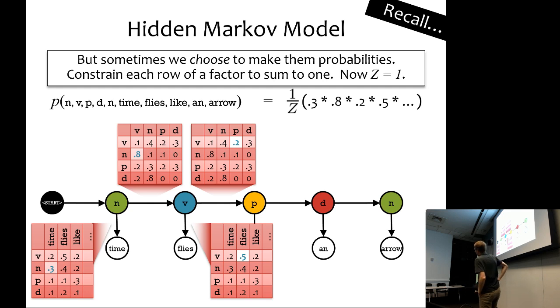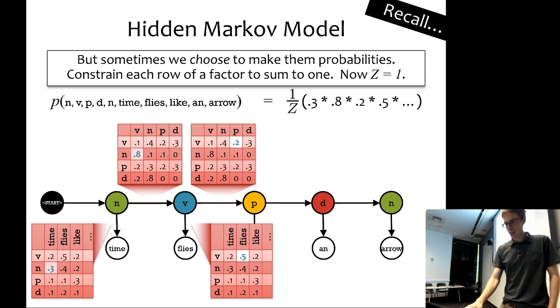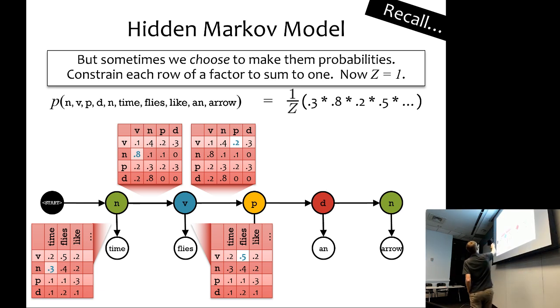And so this is just another Bayesian network, and maybe the interesting property about it is that it reuses the same conditional probability table for emission at every time step and for transition at every time step.